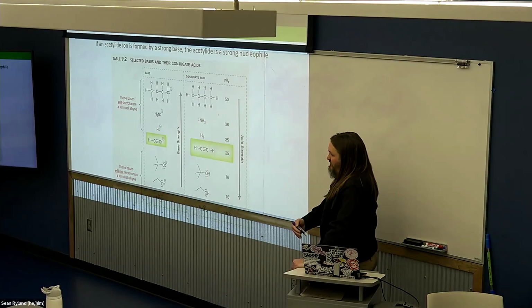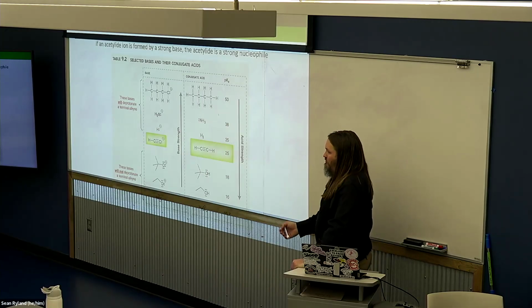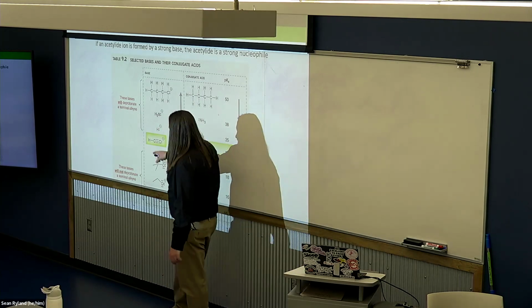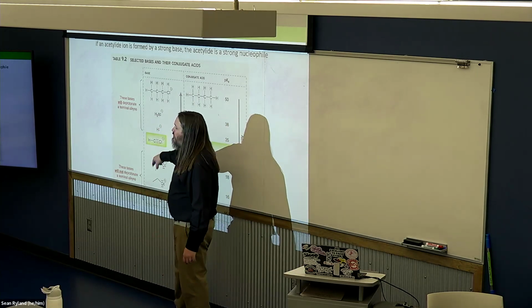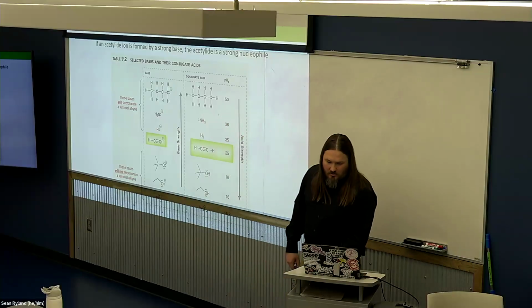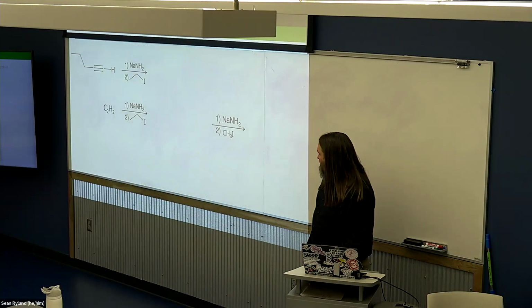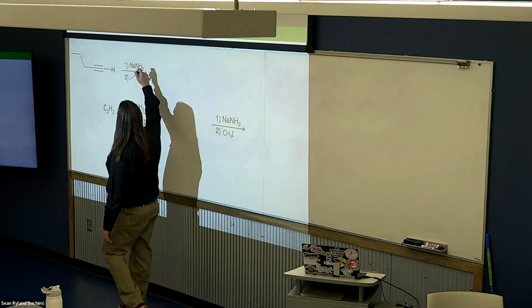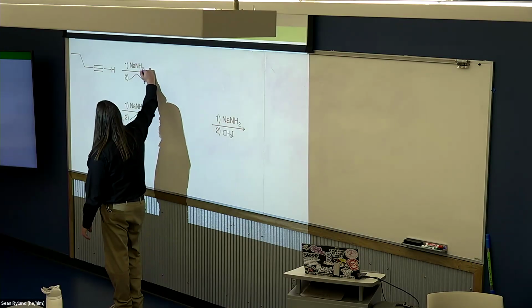Which means this is actually now a way that we can add carbons. We just learned our first reaction where we could remove carbons with ozonolysis. This actually gives us a way to add carbons. Because if we can make this and then put it with something that has a good leaving group, we wind up adding carbons to our system. So the way that gets shown is in reactions like this.